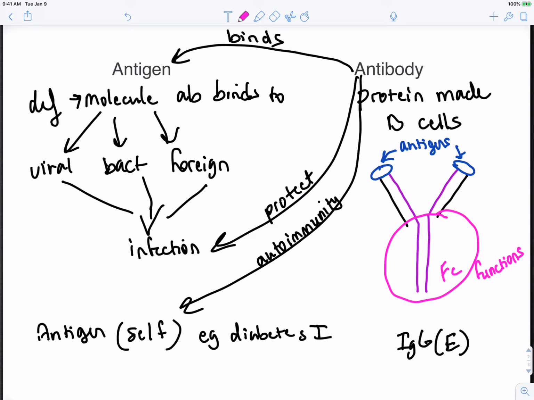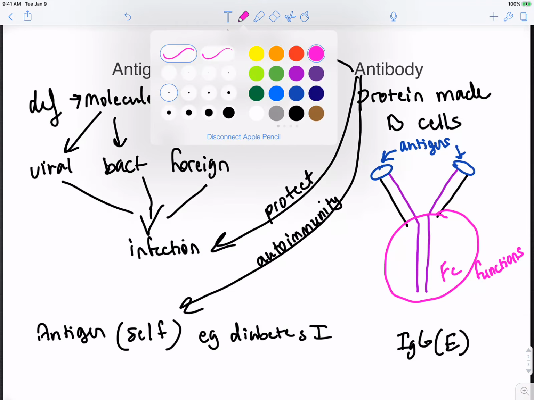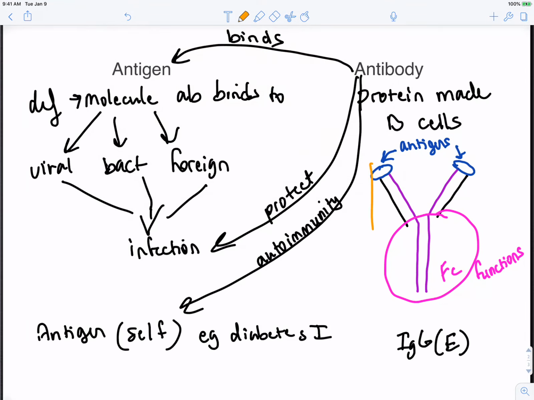We know that IgE is the antibody for allergic responses, so we'll talk about what that Fc region is actually doing with respect to the function of the IgE molecule. And then we'll talk about the other subtypes as well. So you have your antigens binding, and this area where they're binding is called the Fab region, because it's the fragment where the antibody is binding to antigens. And the functional region is the Fc region, and that's where the actual antibody molecule will do something once the antigen is actually bound.